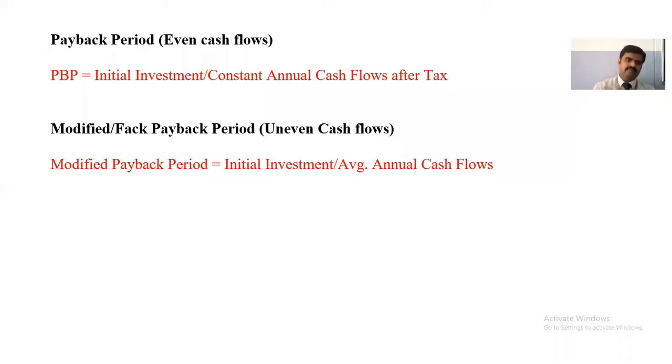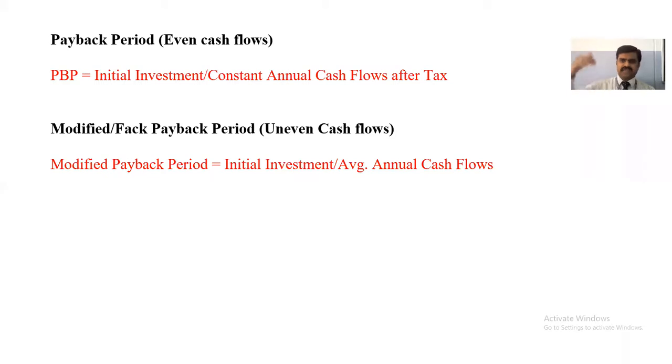It is actually called the modified or fake payback period. The formula is initial investment divided by average annual cash flows. So what we are doing is slightly modifying our denominator. The numerator is the same, initial investment, it is not going to change, but the denominator we are going to change to average annual cash flow.